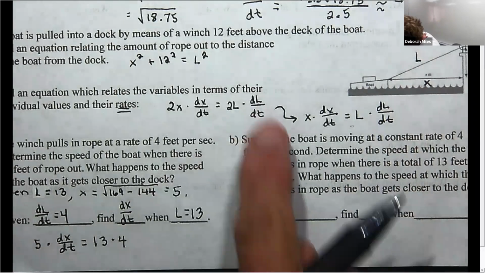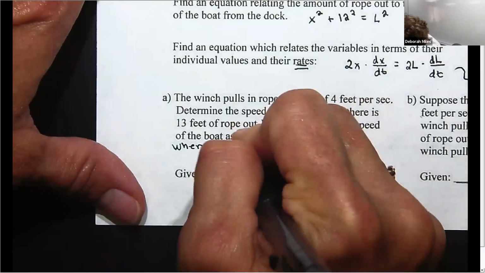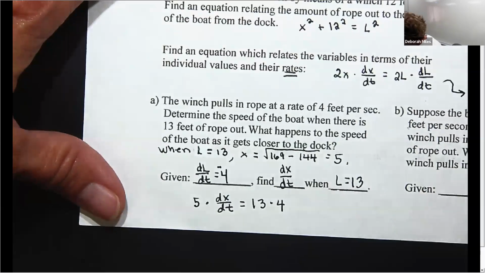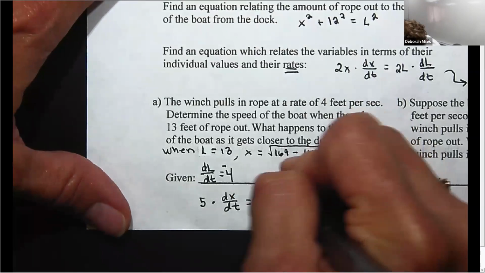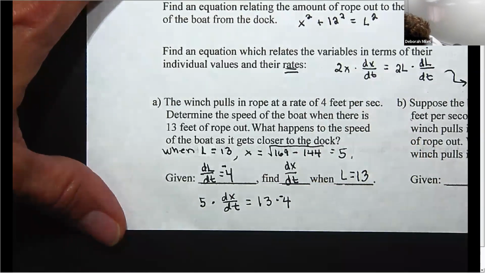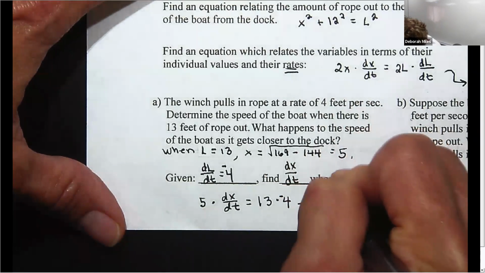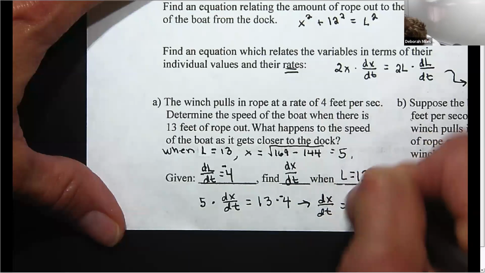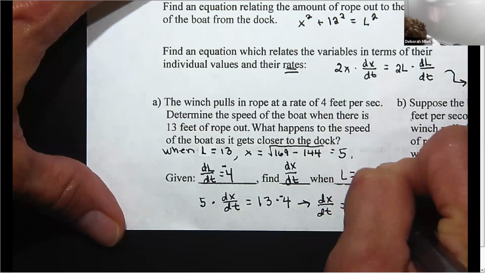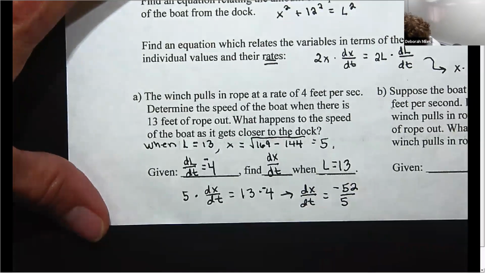So I should have said right here, dL over dt is -4. Watch out for that. And that means dx over dt is -52 fifths, or -10.4.